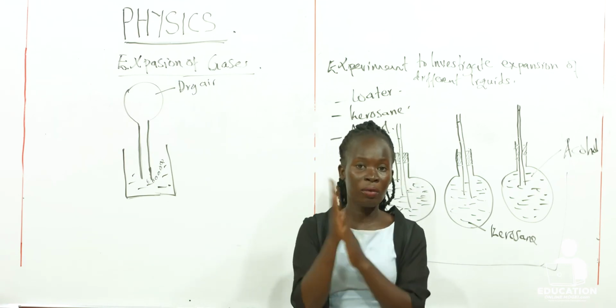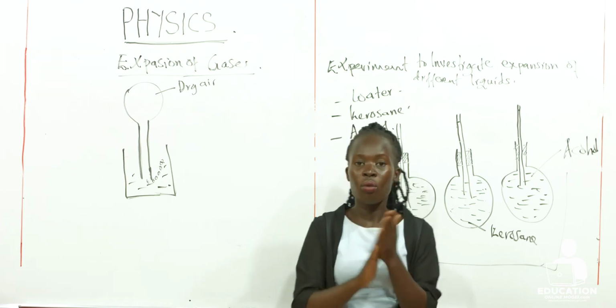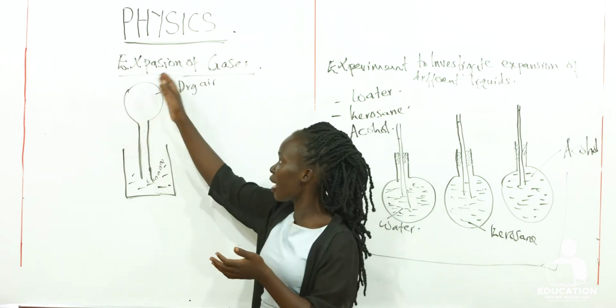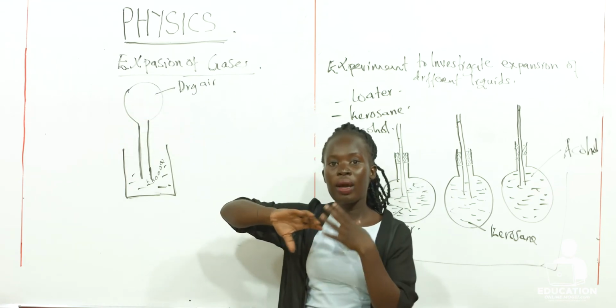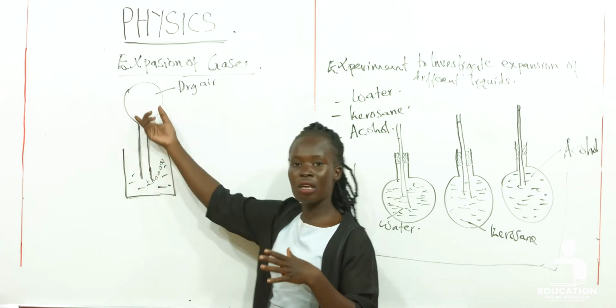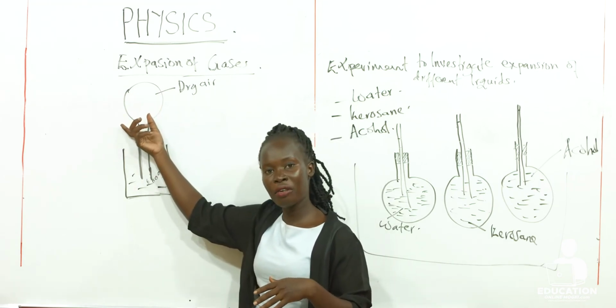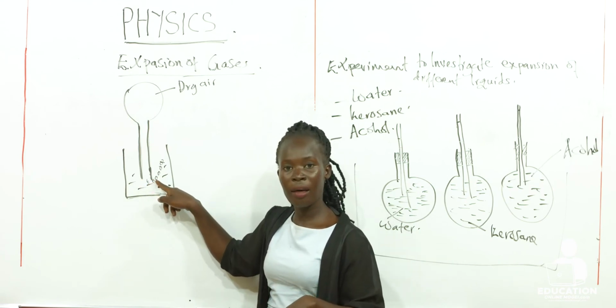Because when you're rubbing, we say there is friction, and you can even feel the heat. So putting it there makes the air in the flask expand. When it expands, it will try to escape because the space here is no longer enough for it. So it is going to escape in the water in the form of bubbles.